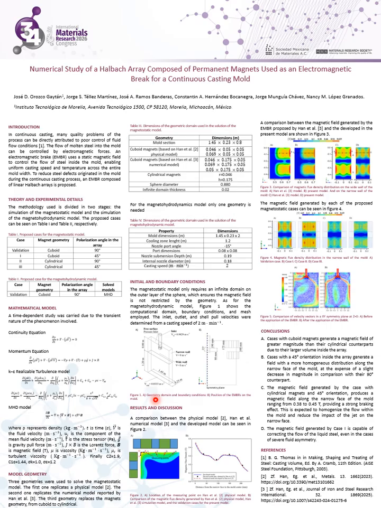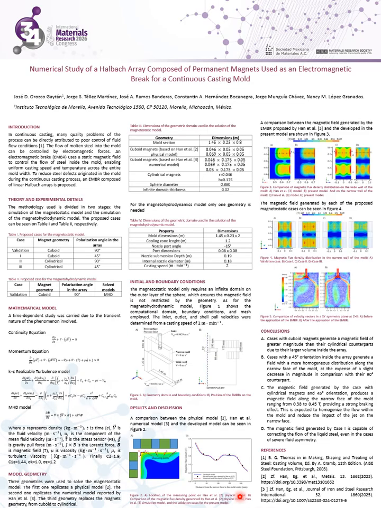As for the results obtained in figure number 2, item A, we can see a diagram of the physical model. We can observe 4 points in which experimental data was obtained. In item B, we can see a comparison of the magnetic field of the 3 geometries: the physical model, the numerical model, and the present model.